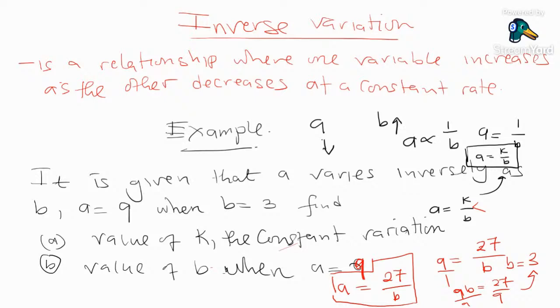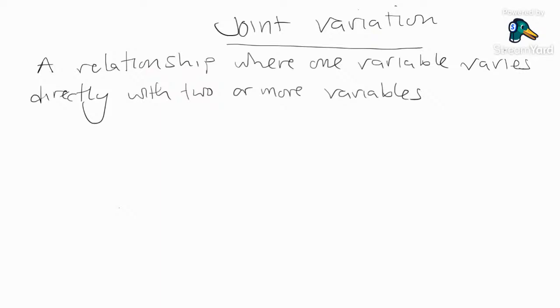Okay. The other type of variation is called joint variation. Now, for joint variation, we have relations. If y varies jointly as, let's say, x and z, in other words, this is just a relationship where one variable varies directly with two or more variables, or the product of two or more variables.